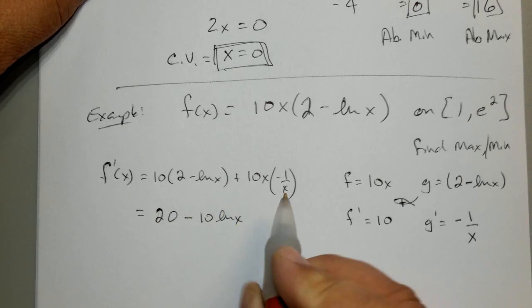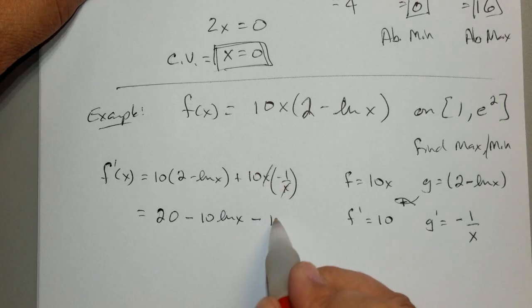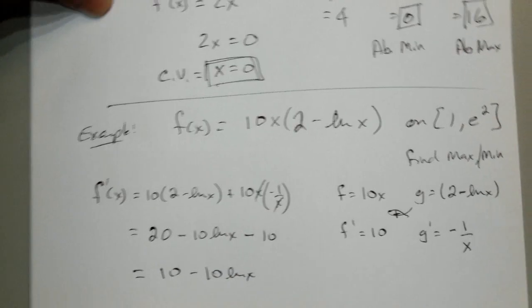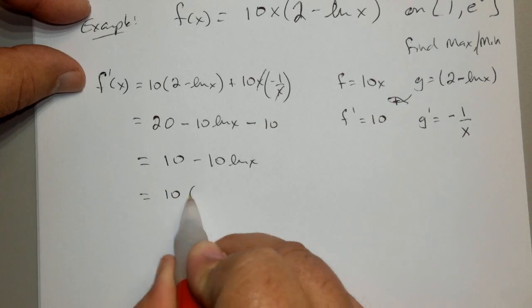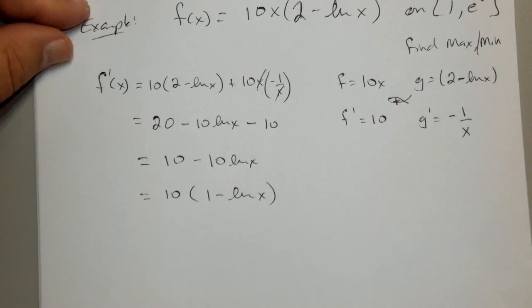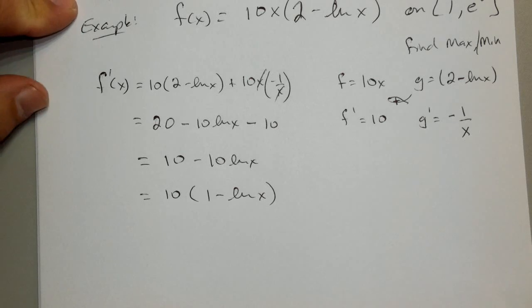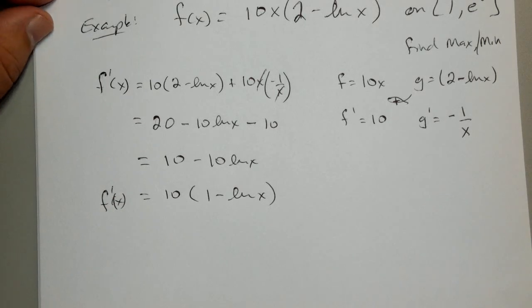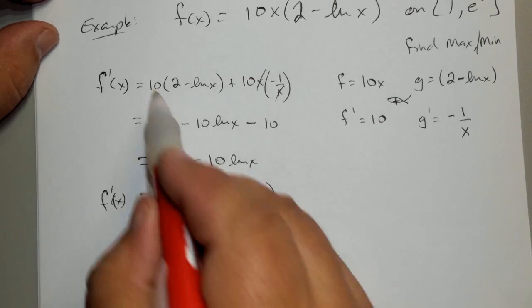That's 20 minus 10 ln x minus 10, minus 10 ln x, equals 10 times (1 minus ln x). Good.